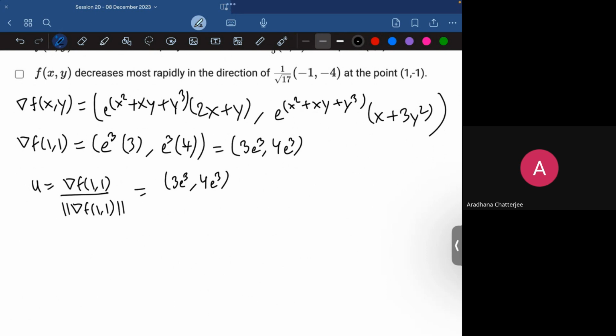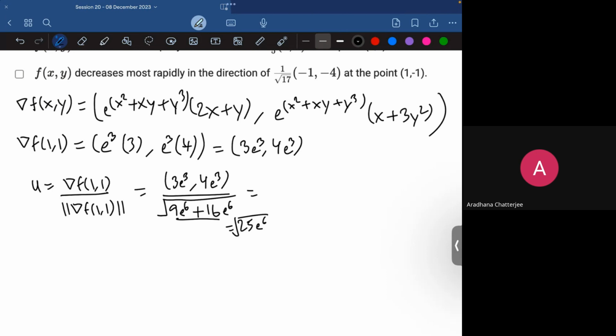So we'll have the square root. We square and add, just the general norm form. So we have 9 e raised to 6 plus 16 e raised to 6, which is 25 e raised to 6. The square root of that is 5 e raised to 3, right?